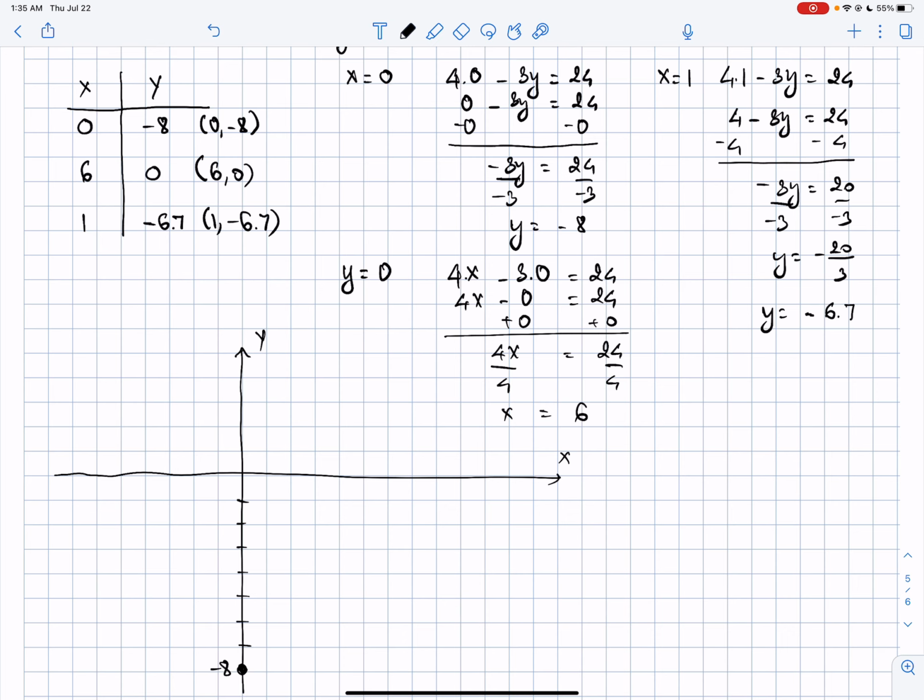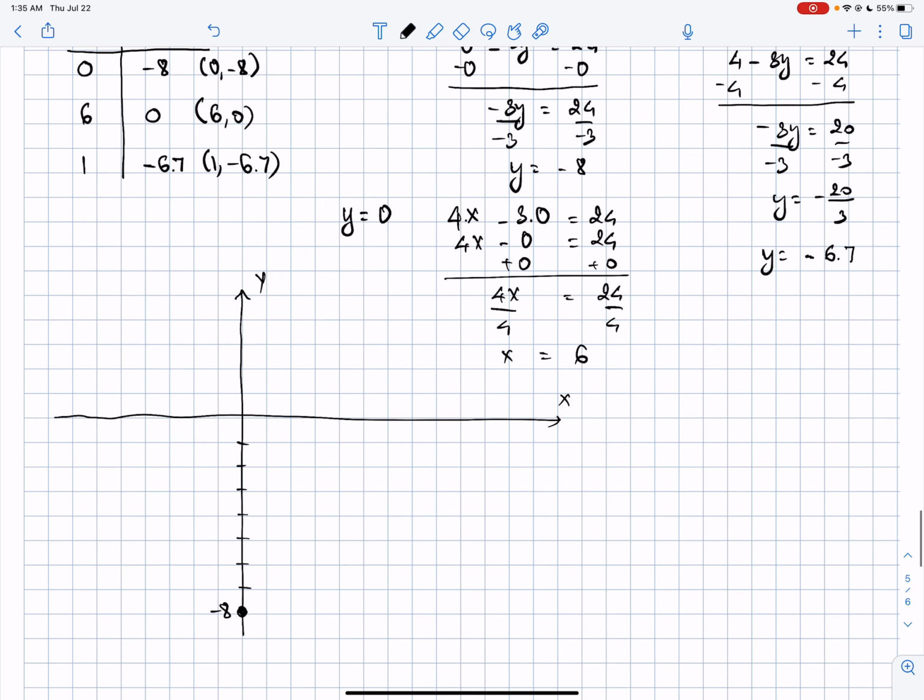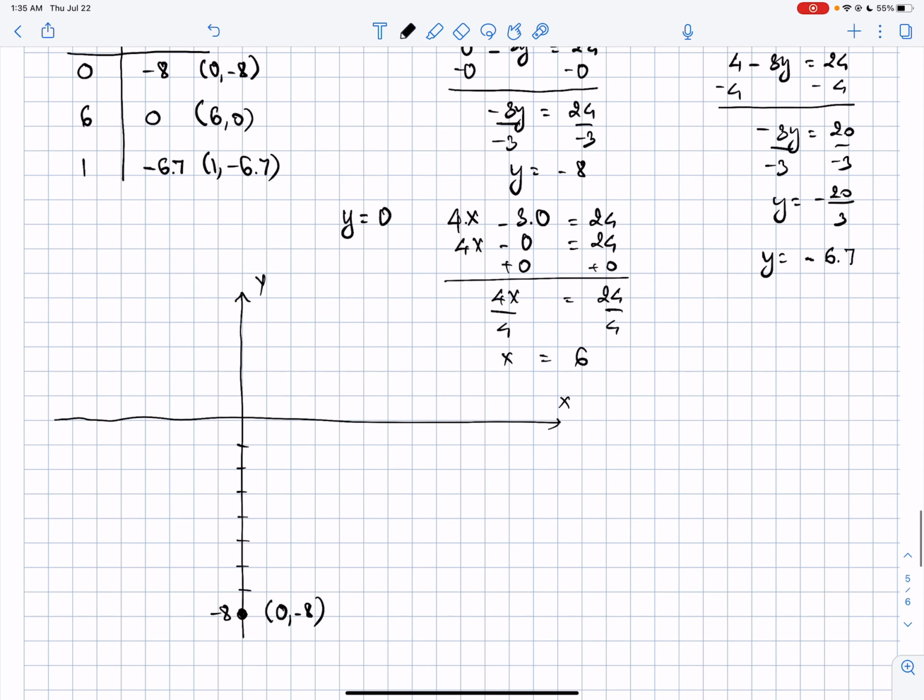For the second point, 6, 0, we have 6 on the x. Now we have 2 points, we can connect them to make a graph.